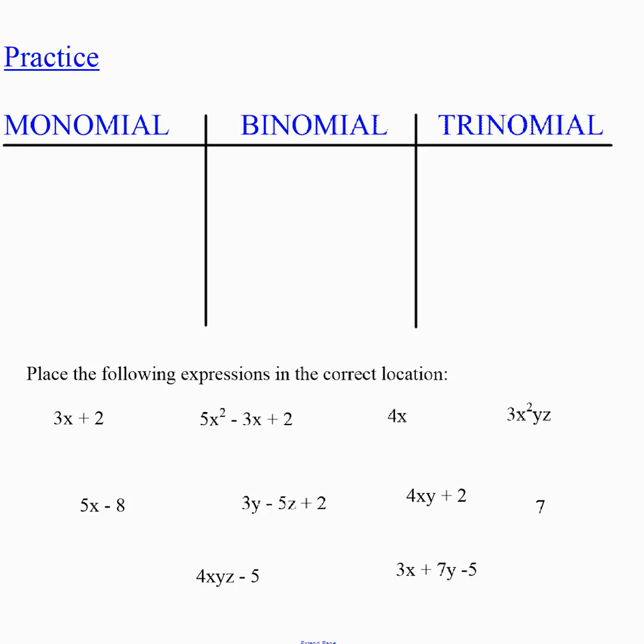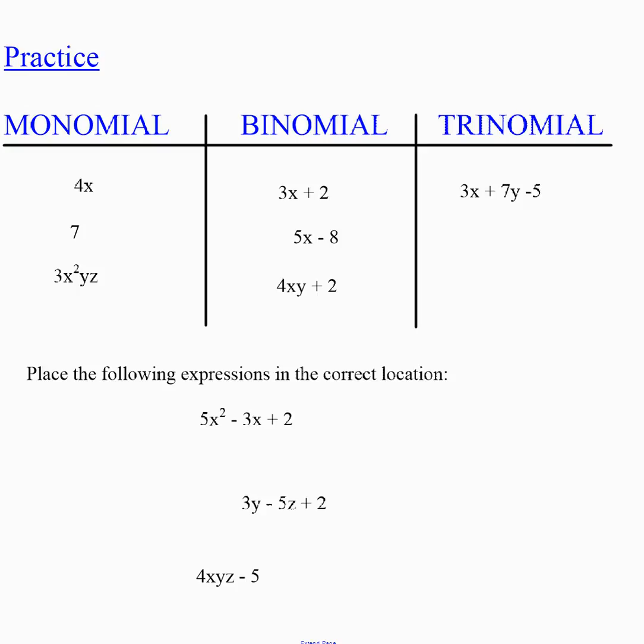So monomials, we're looking for things with only one term, which means they don't have any plus or minus signs. So that one, it's not about how many letters it has, it's about how many terms it has. That one's binomial, that one's a binomial, and then trinomial, trinomial, and I missed that binomial.